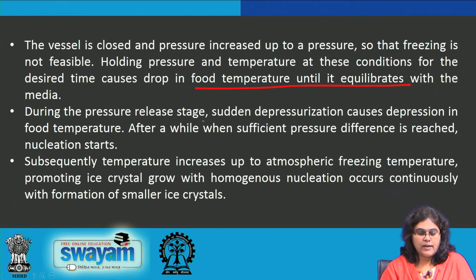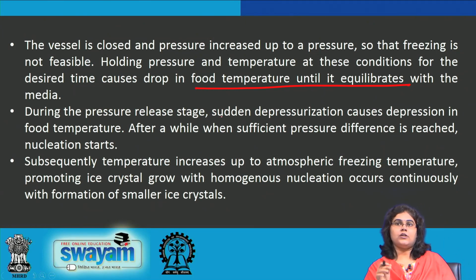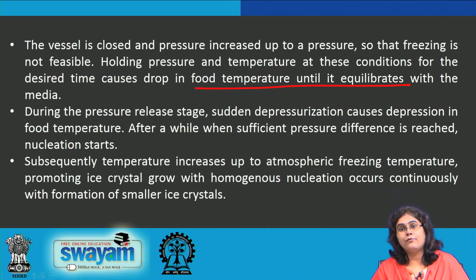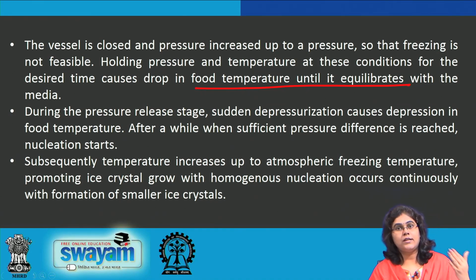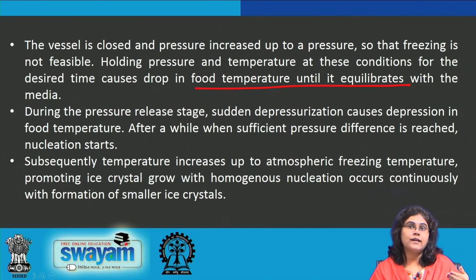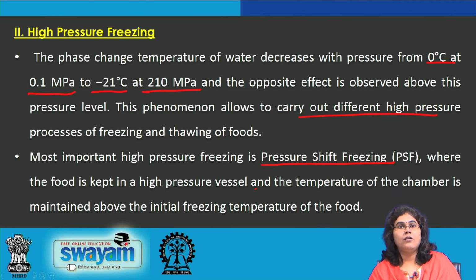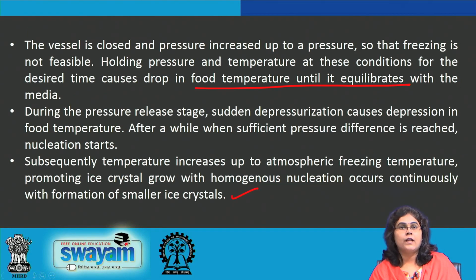During the pressure release stage, sudden depressurization causes depression in food temperature, and after a while when sufficient pressure difference is reached, nucleation begins to start. Subsequently, temperature increases up to atmospheric freezing temperature, promoting ice crystal growth, and homogeneous nucleation occurs continuously with formation of smaller ice crystals. So, this is the basic mechanism of high pressure freezing.